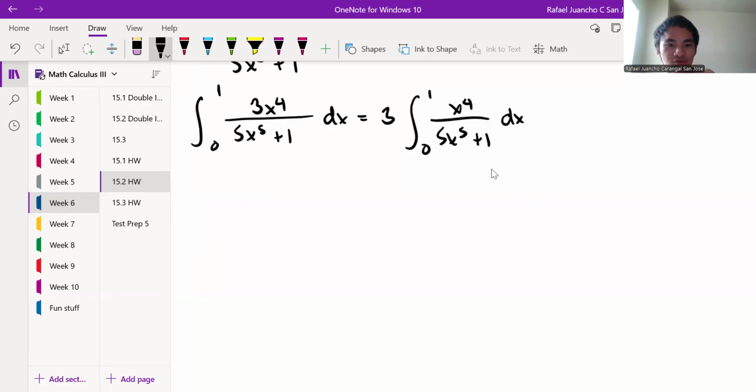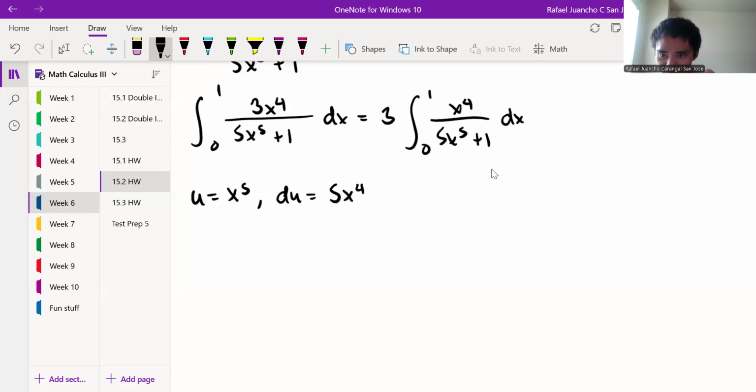Let's try. There's no harm in trying. Then my du, or my derivative, is 5x to the fourth, right? That doesn't seem nice. This is dx. Actually, this looks promising.